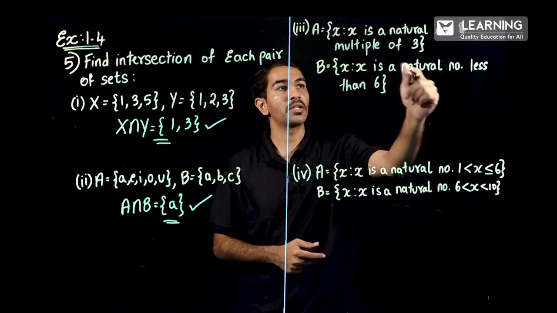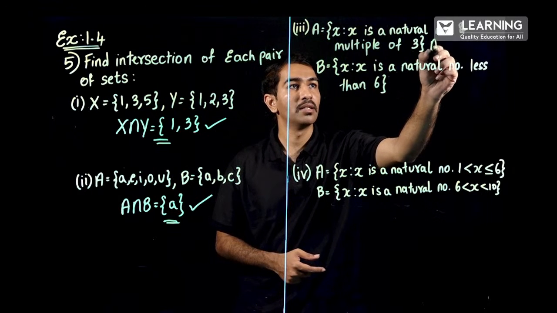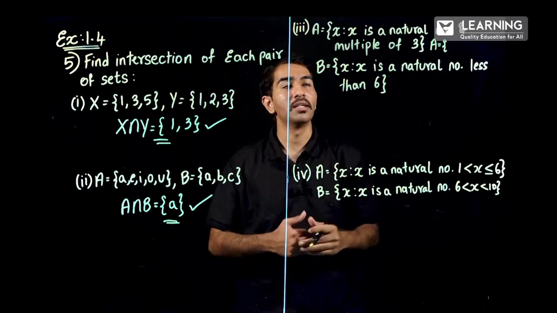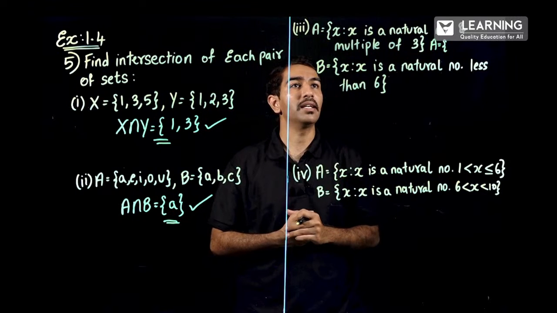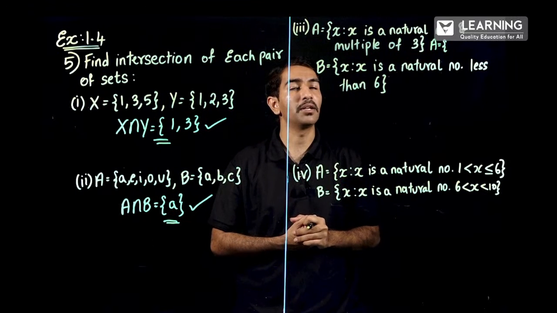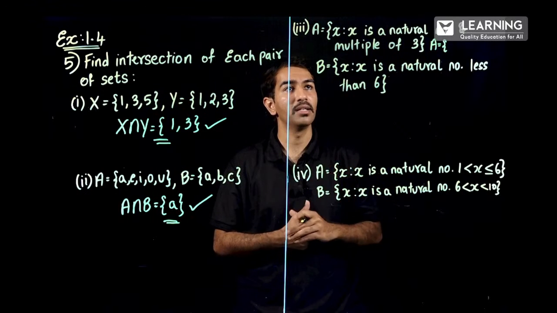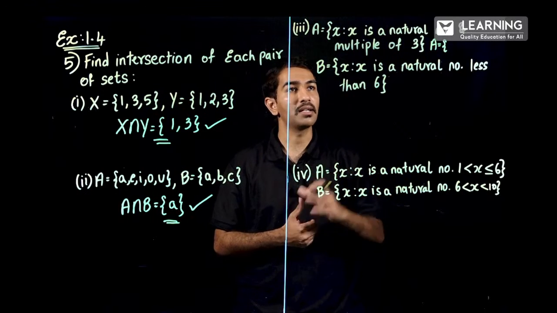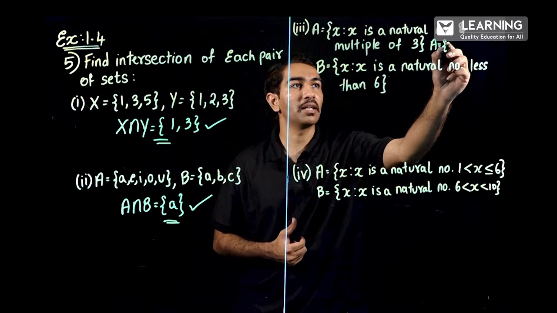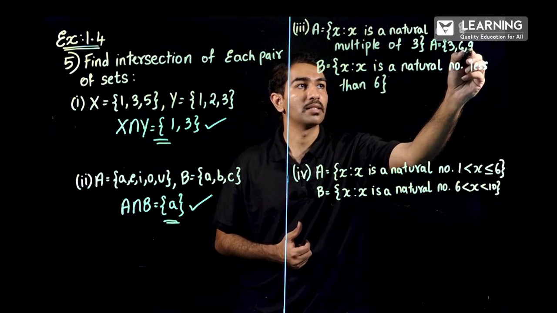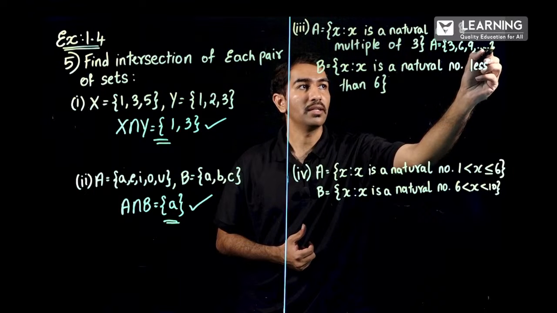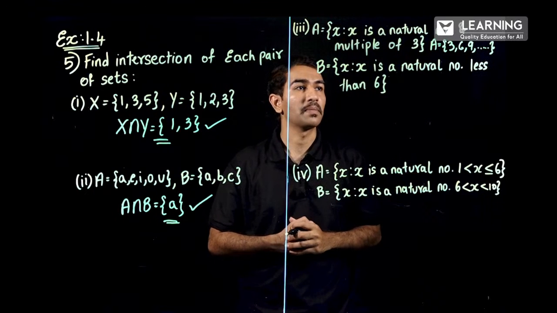So, let us find out what A is first. A is x such that x is a natural number and a multiple of 3. Natural numbers start from 1 and go on until infinity, and it is a multiple of 3. So, A can be written as 3, 6, 9, and it goes on infinitely.